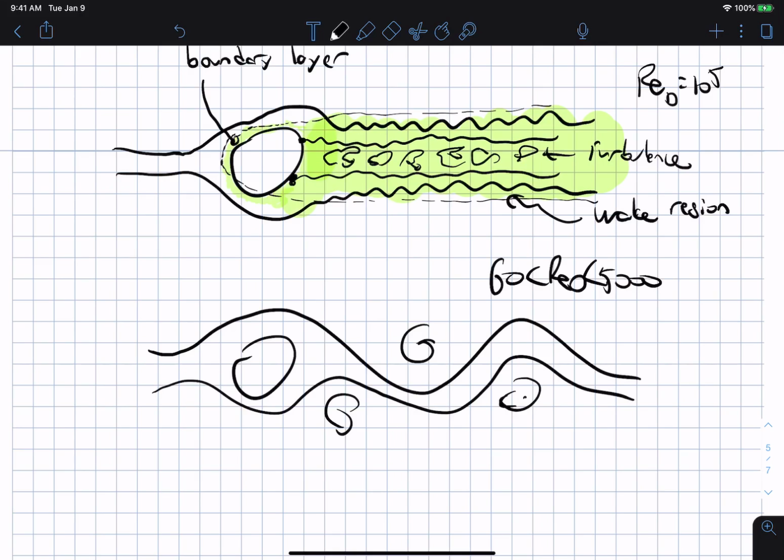Okay, and so in this case, there's an intermediate range of Reynolds number where the flow actually oscillates behind the object, and this can cause massive problems if you are not prepared for it. So I'm going to show you a quick video of that, an oldie but a goodie.